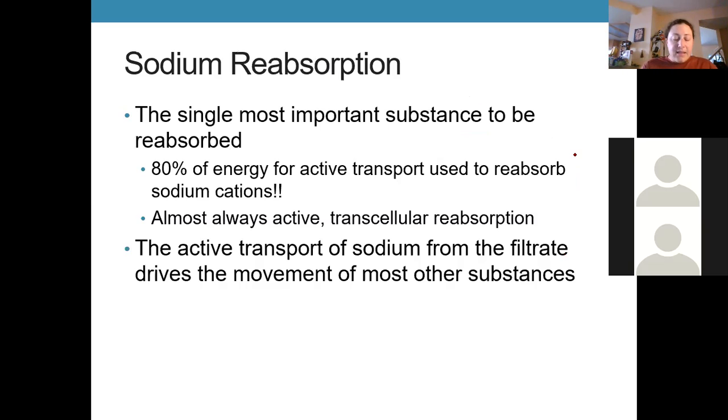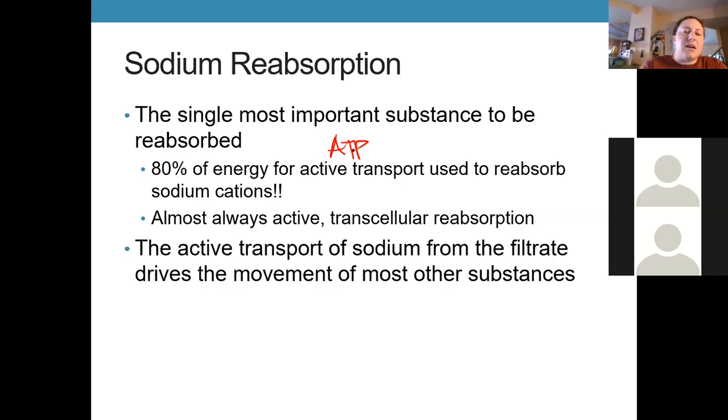And just like in the digestive system, the reabsorption of sodium is the most important thing. So 80%, again, you don't need to know the number, but just to demonstrate how important this is, 80% of the energy being used for active transport, so 80% of the ATP being used by the proximal convoluted tubule is being used to pump sodium.